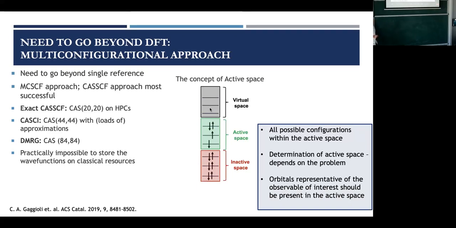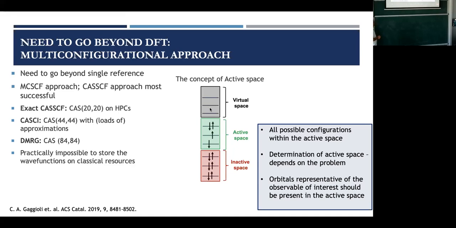We know that in chemistry, molecular orbitals play a role, and molecular orbitals are where the electrons sit in a molecular configuration. In a full configuration interaction, we would include all the interactions between all the configurations that are possible for these interacting electrons.